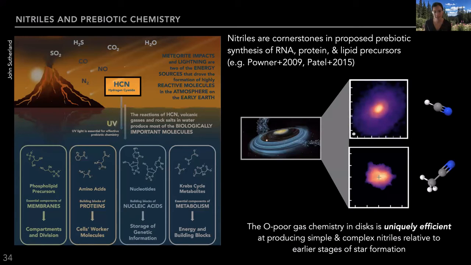And it's actually been quite interesting that the oxygen-poor environment in disks seems to be uniquely efficient at producing both simple and complex nitriles relative to earlier stages of star formation, and that this may be an important stage for generating this class of molecules prior to planet formation.